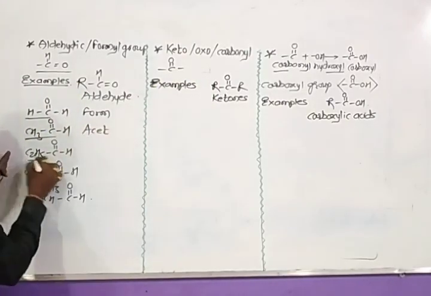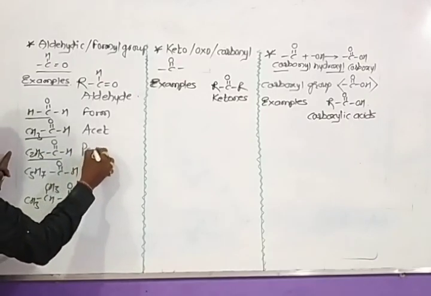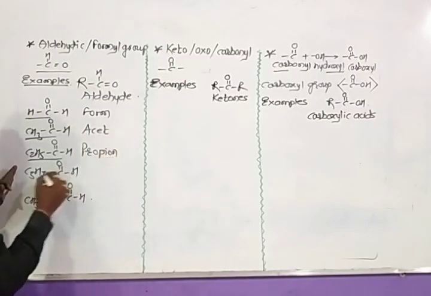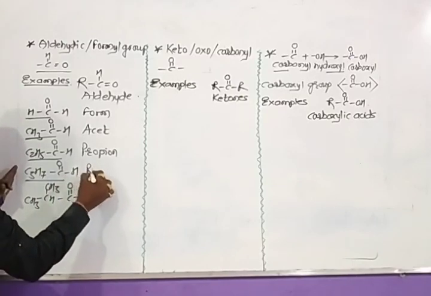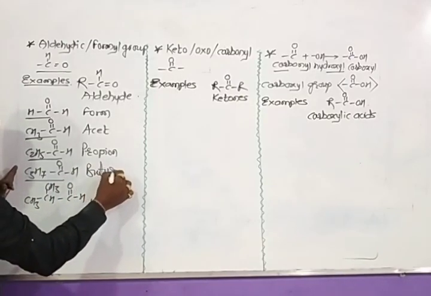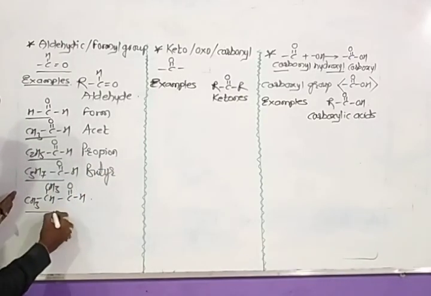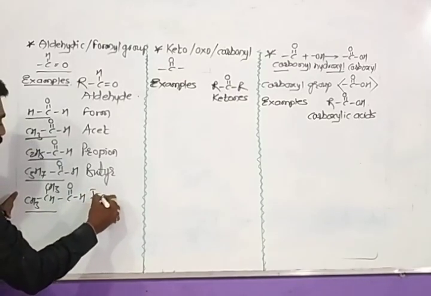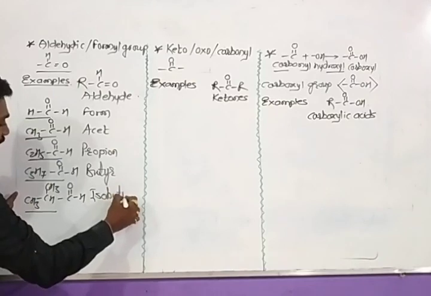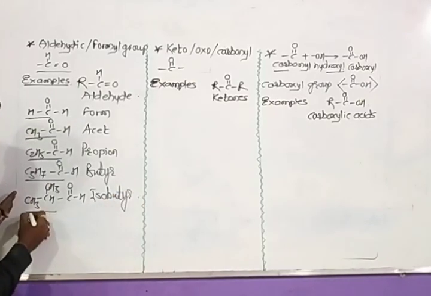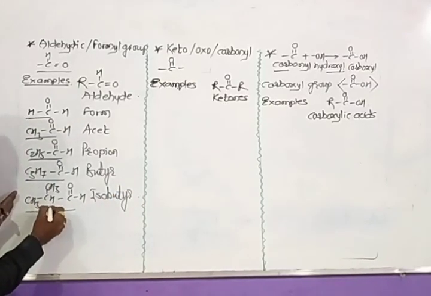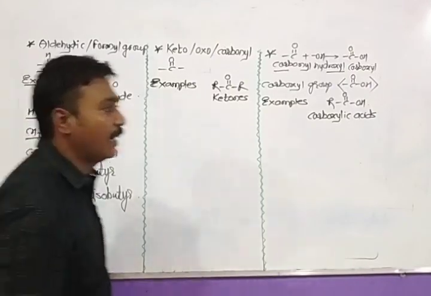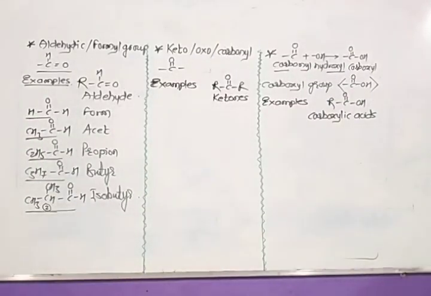For that, we will write propion. For that, we will write butyr. This is all we have discussed in the previous lecture. And for that, we will write isobutyr, because of the presence of a methyl group on the second carbon atom.